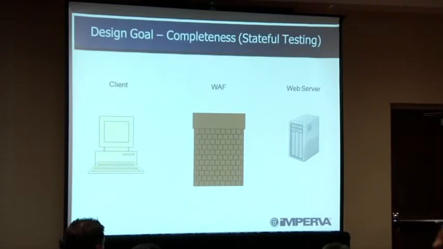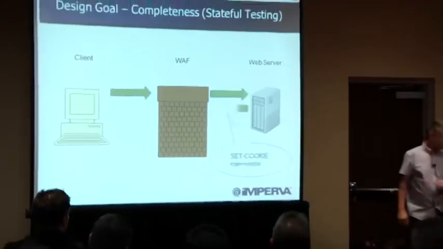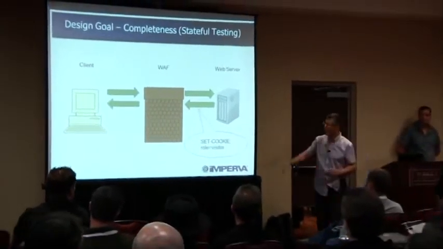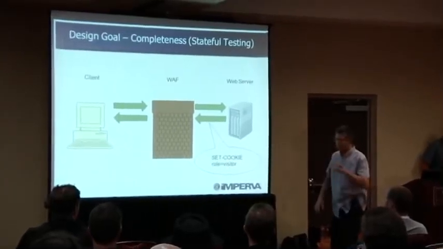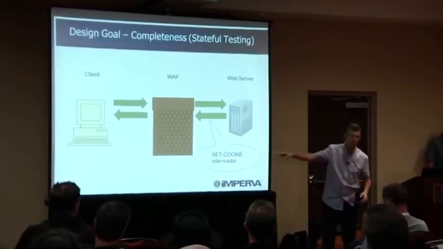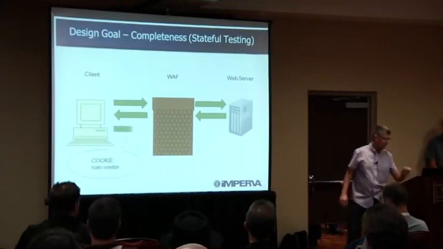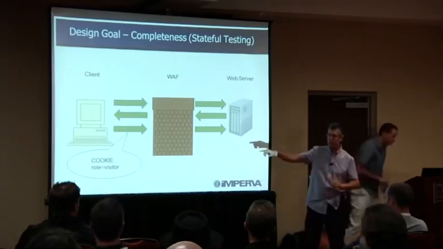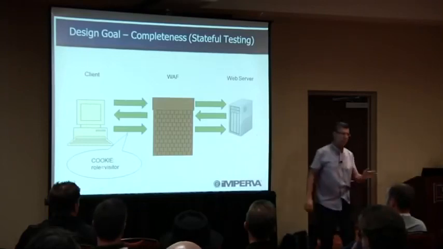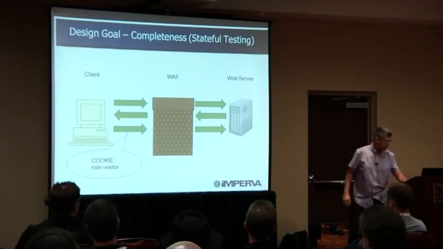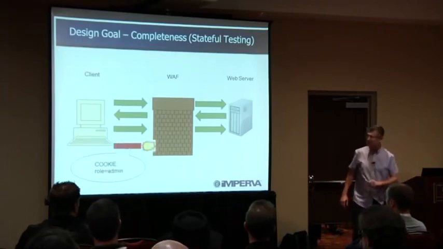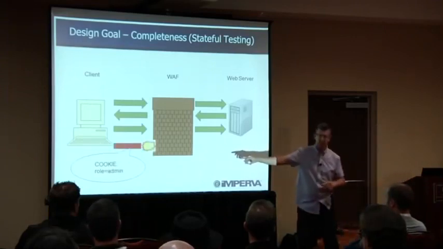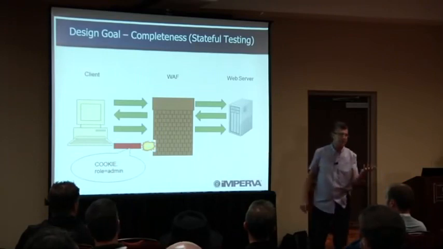And this is our idea about how a stateful test should look, for example, in the case of cookie tampering. We have a request going through that shouldn't be blocked, that causes the server to generate a cookie with a specific value. Then a request that carries this value should again go through uninterrupted, and only when a request is generated that has a different value, it should be blocked by the device.